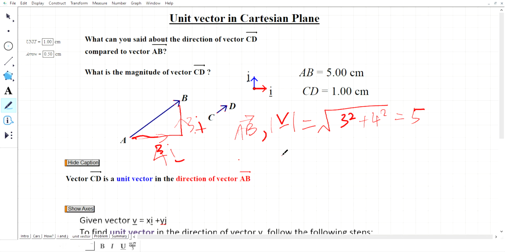The unit vector in the direction of vector v can be determined by dividing vector v by its magnitude.